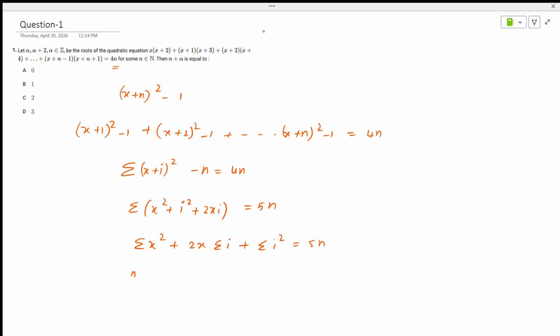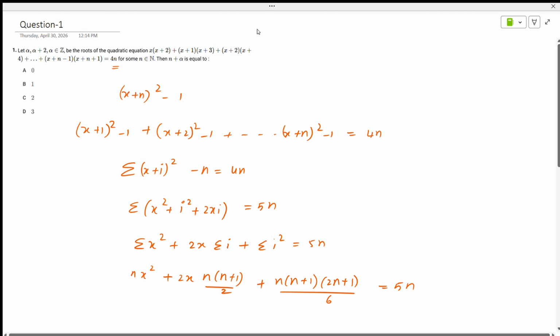Summation x square is n x square, plus 2x summation of i is n of (n plus 1) by 2, and summation i square is n of (n plus 1) into (2n plus 1) by 6, equal to 5n.